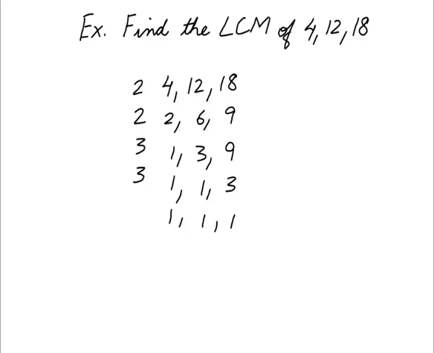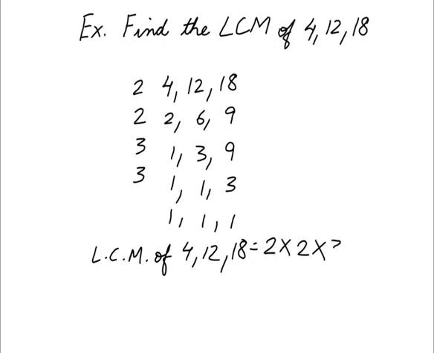So now at the end you're going to write LCM of 4, 12 and 18 is equal to 2 multiplied by 2 multiplied by 3 multiplied by 3.